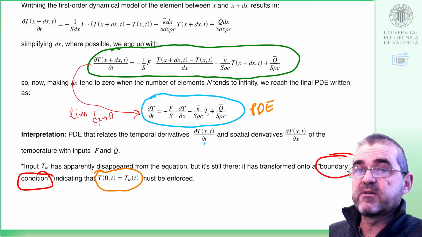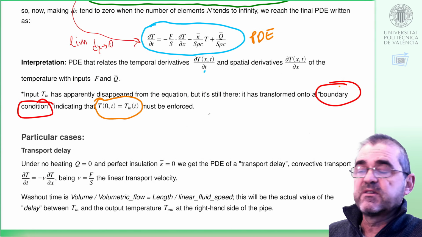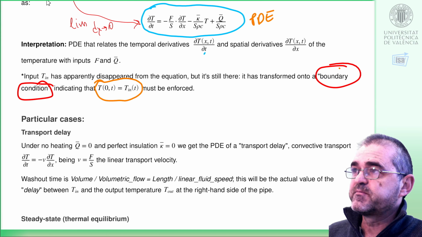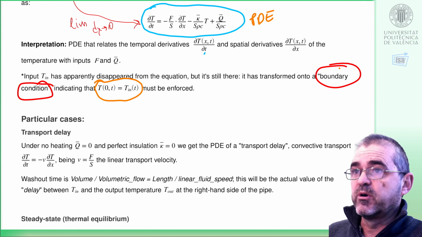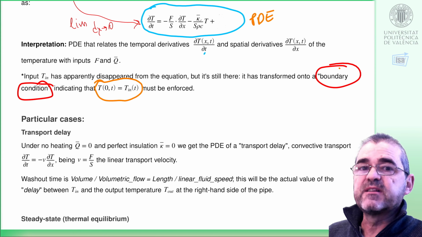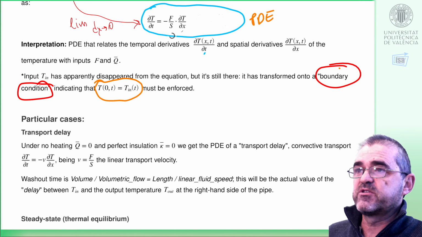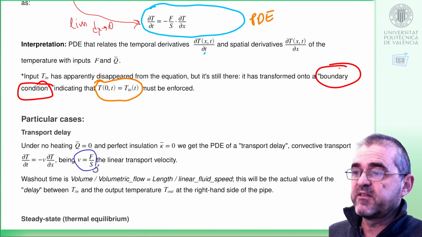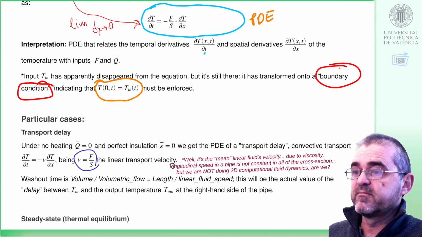Nevertheless, there are two particular cases that maybe you will see elsewhere, so we'll quickly tell them which are they. First one is the case of no heating and perfectly insulated pipe. So we have this equation. Then volumetric flow divided by the cross section is the linear velocity of the fluid.